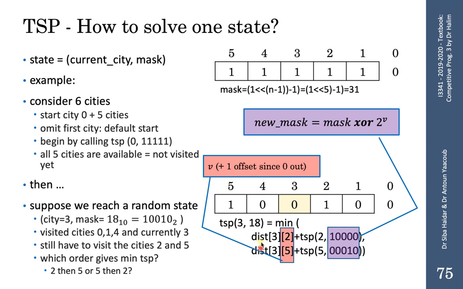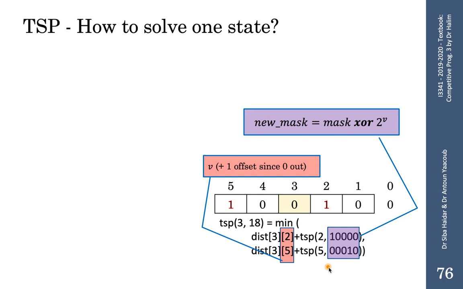We will be calculating distance from 3 to 1 plus 1, which is 2, and TSP over V plus 1, which is 2, with the mask XOR 10, which is 2 to the power 1. And this way we remove the bit 1 from the old mask. Again, the same thing will be done for 5.